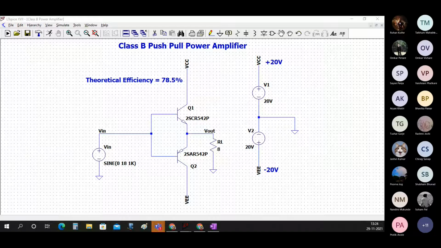So if you are naming this plus 20 and minus 20, you can write it as plus minus 20 volts. Otherwise, it's confusing. Anyway, circuit-wise, it is no problem. But if you see this after maybe a week's time, you should be able to understand it.